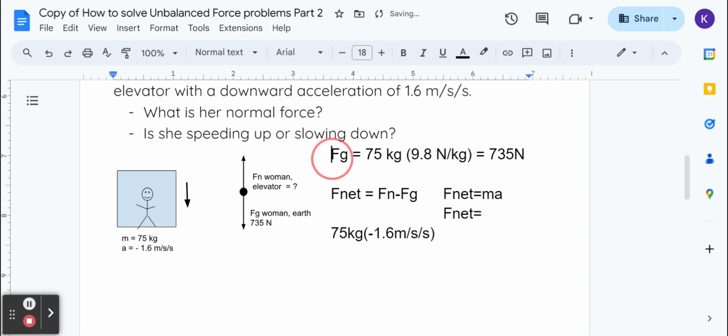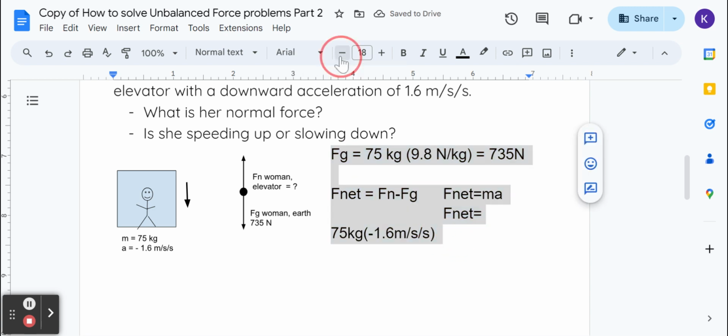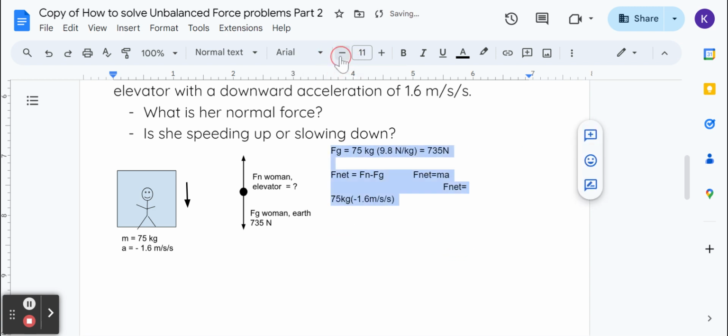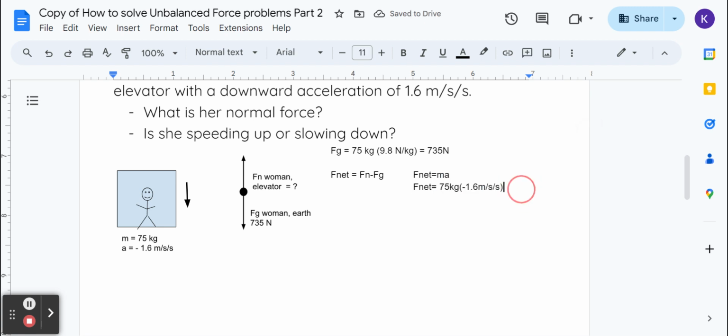I'm going to make this font smaller so that everything fits. When I multiply kilograms times meters per second squared, I get newtons. So my net force is negative 120 newtons.